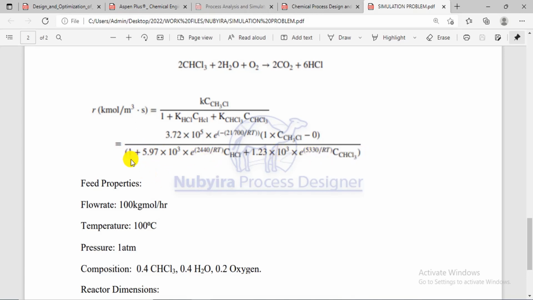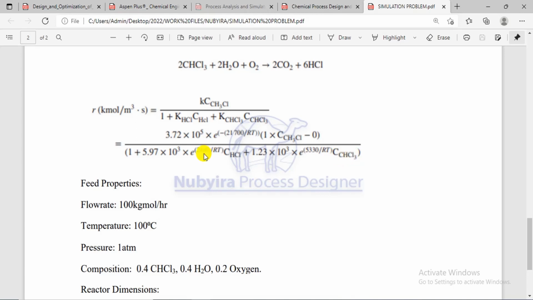The particular term here can actually be ignored because it is not with respect to any of the components, so there is no need to input it. If you input it, you have to specify 0 for each of them because they are not attached to it. So we'll specify just those where we have the molar concentration and the components beside it.